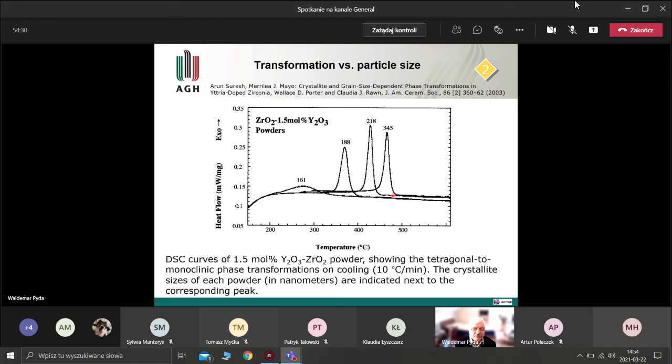And we can compare the temperatures of those effects for different powders that differ in the particle size. Concluding from this picture, the temperature of transformation is a function of the particle size. The lower the particle size, the lower the tetragonal to monoclinic phase transformation temperature.